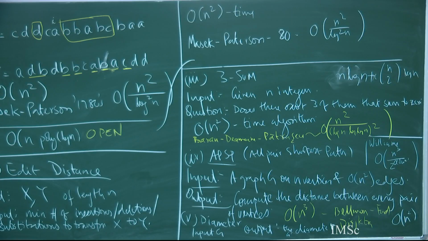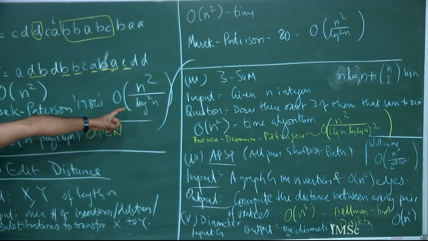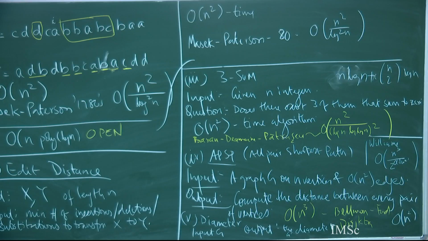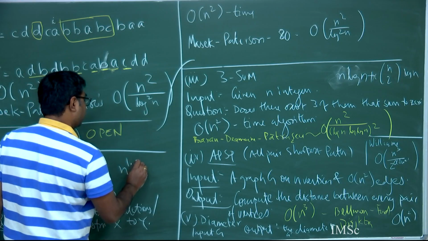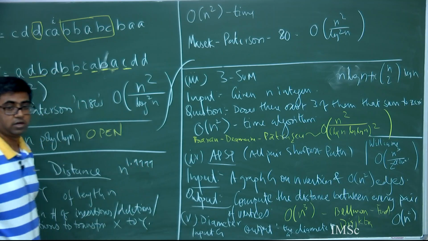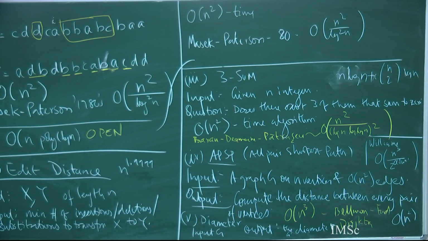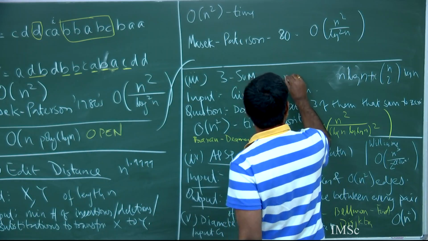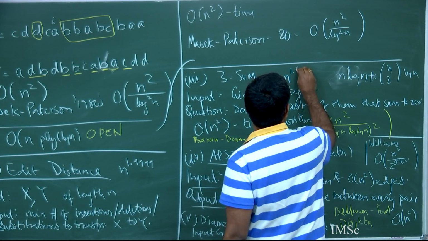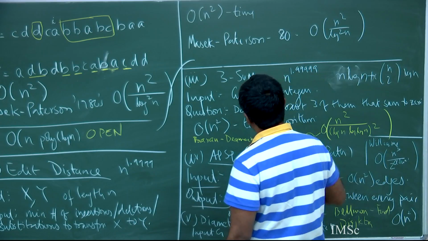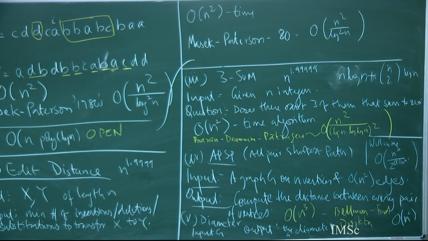First of all, you must understand that n square divided by polylog n is not n to the power 1.9, it is much larger. Similarly, for edit distance, if I am interested in a running time n to the power 1.999, still it is not known. For 3SUM, I am interested in say another 9, still it is not known.